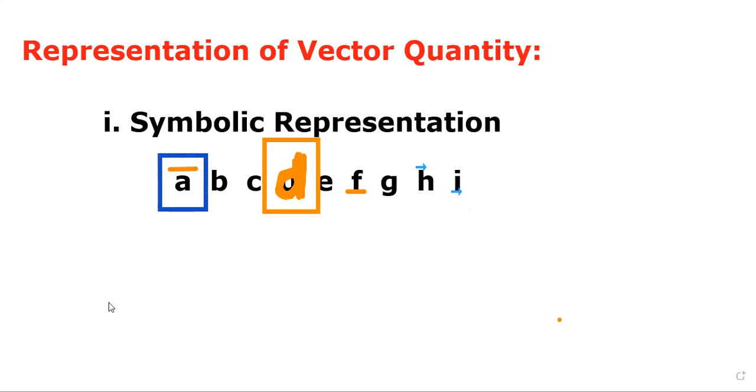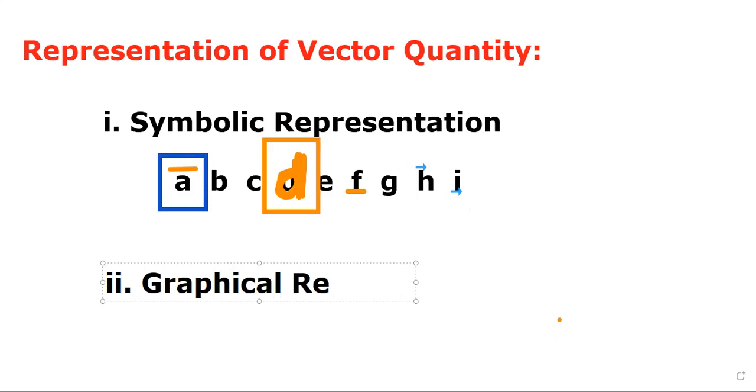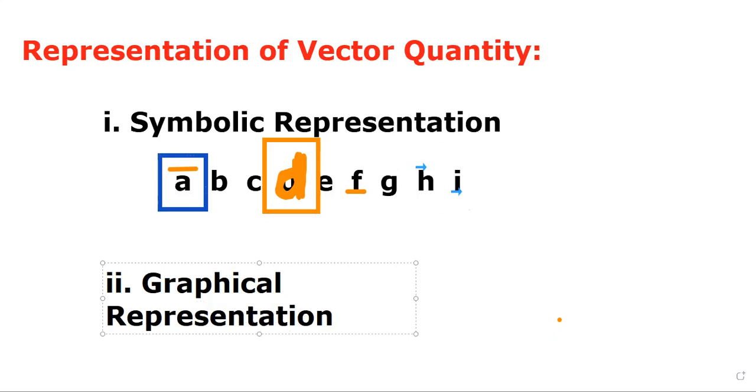The second thing is the graphical method. Suppose we have a graph of different quantities, then how would you differentiate whether this graph is for a scalar quantity or a vector quantity?